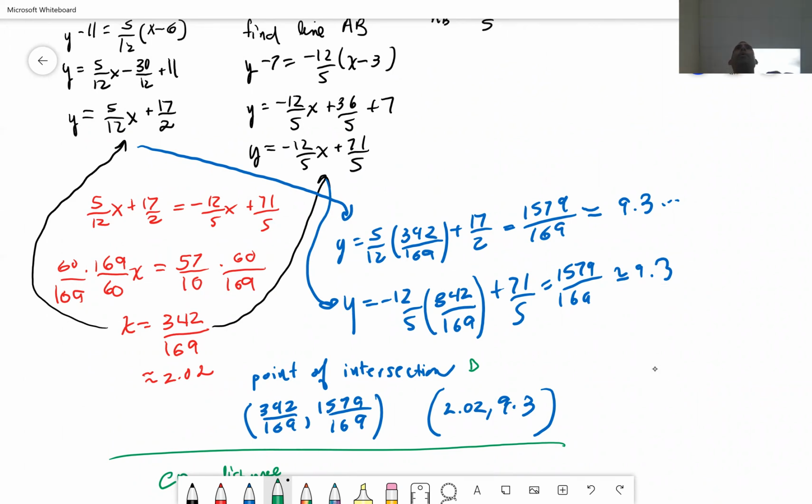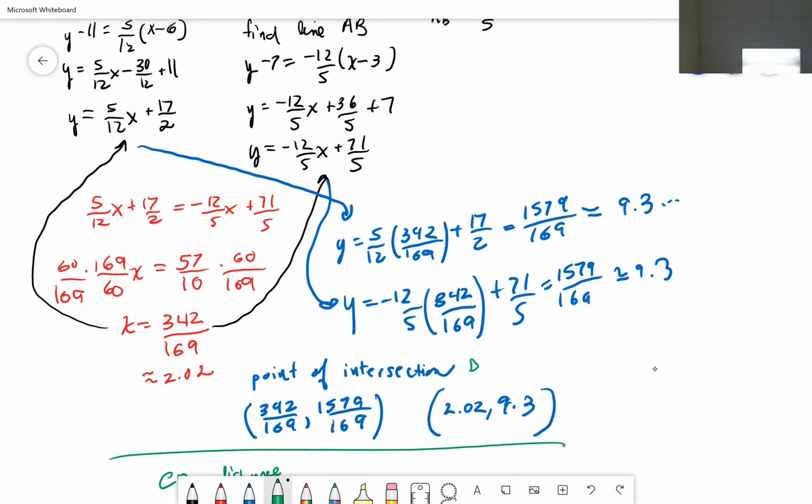I put in the coordinates 6 comma 11, and then I have to put the weird decimals here: 342 divided by 169, comma 1579 divided by 169. I calculate, and it says that it only accepts integer values, of course. So now I have to find a better one.